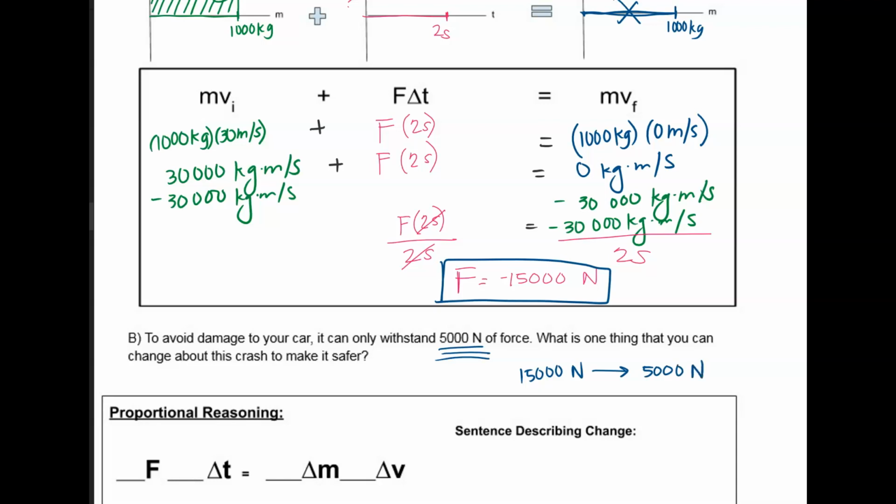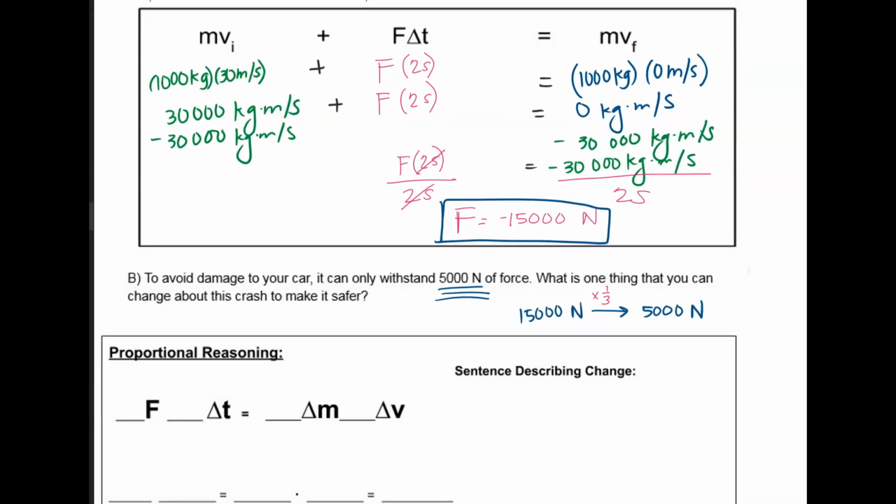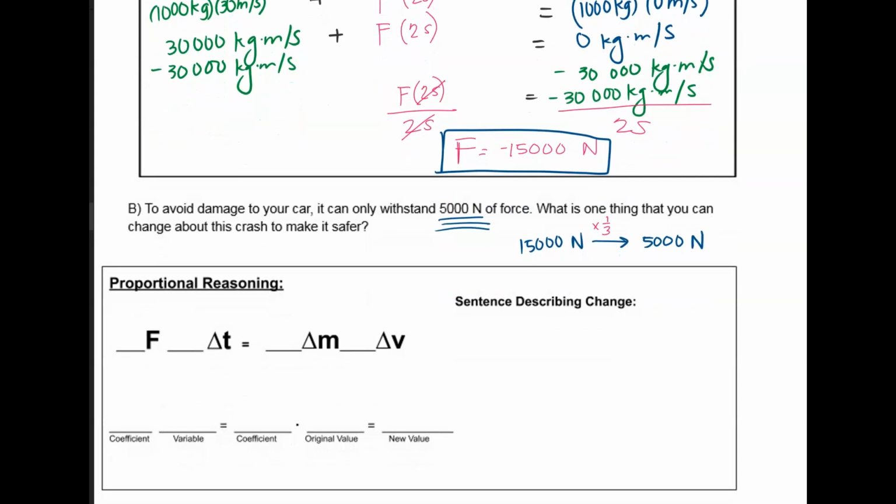And so that means that it's going to be multiplied by 1/3. So to change this, we're going to decrease our force by 1/3. Our mass stays the same.